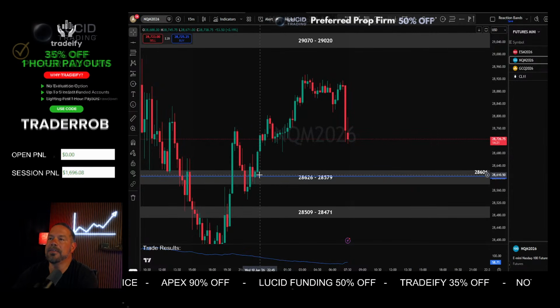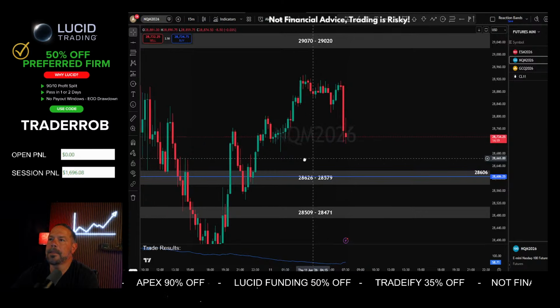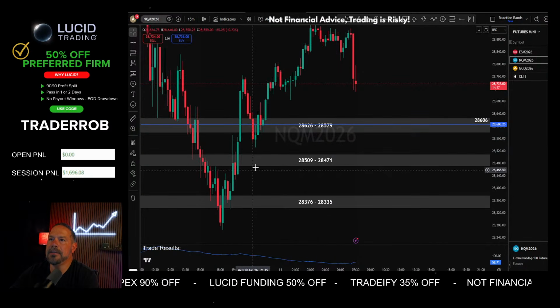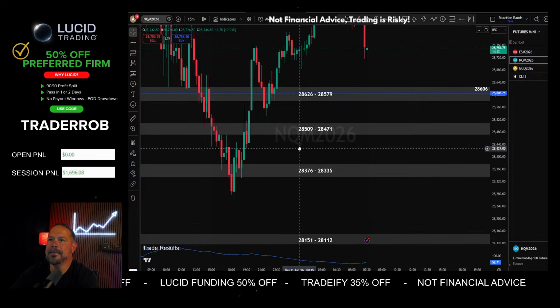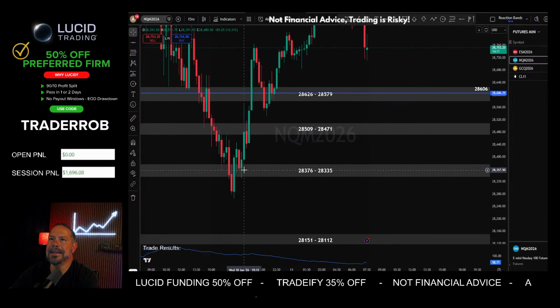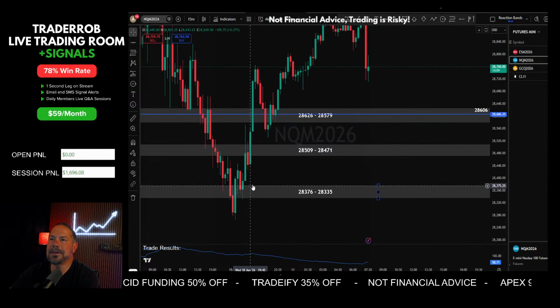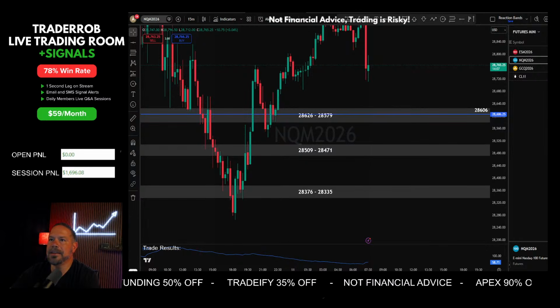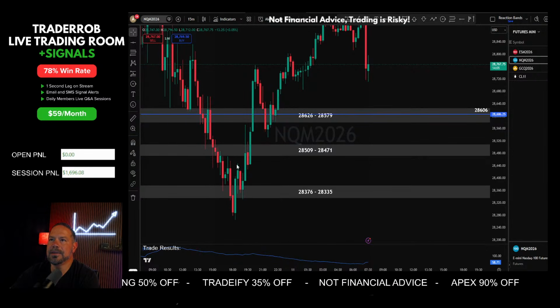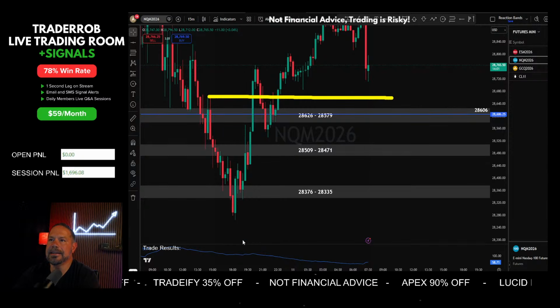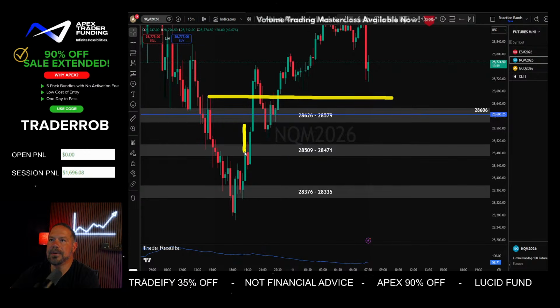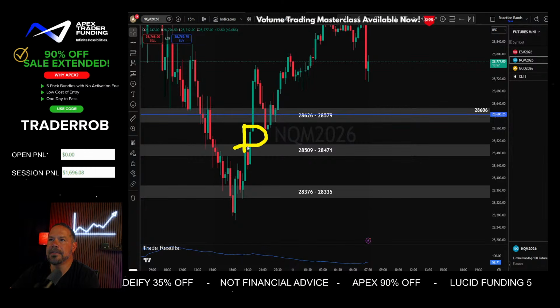Okay, so I go from the 15 to the 5. As you can see right here, we didn't have a level inside of the band. Again, I would have preferred to see the break of structure on this move right here, and it didn't. It actually retraced pretty strong, so I knew that there were some sellers sitting right here.